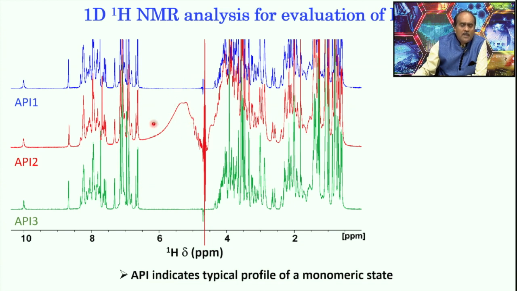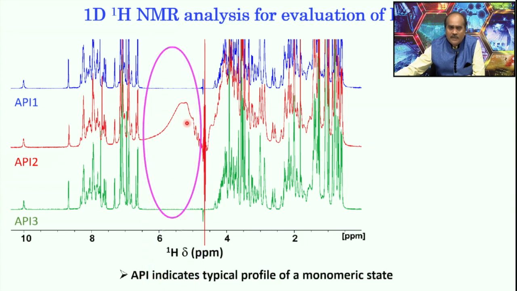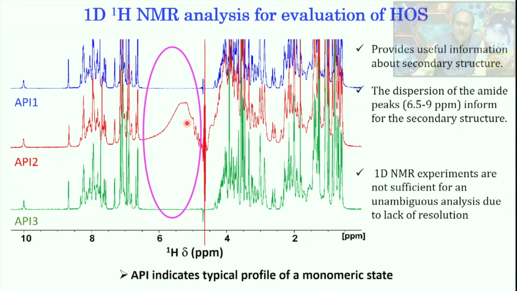This could be coming from some higher molecular weight species roaming around in the NMR tube, which may introduce this kind of hump. Otherwise, structurally all these 3 APIs are very much the same, right.